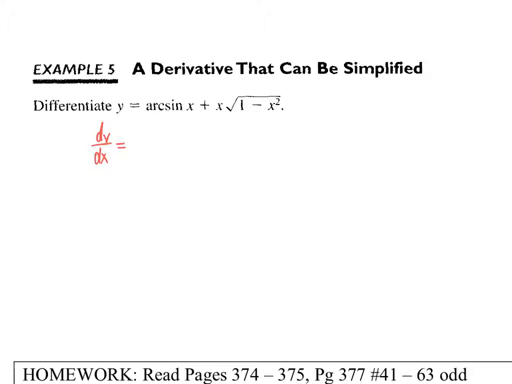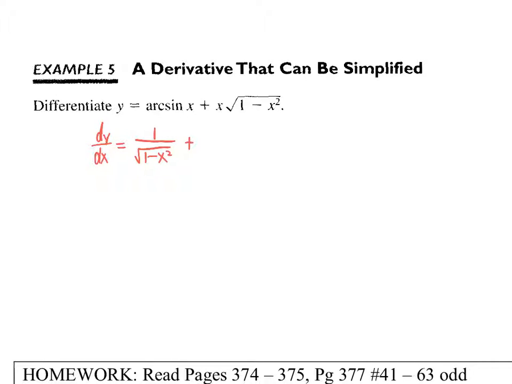So what is the derivative of arc sine of x? 1 over the square root of 1 minus x squared. Okay, do you guys agree with that? What's u in this case? It's just x. So the derivative is 1. That's why it's 1 over. Okay? Alright, so that's the derivative of arc sine.